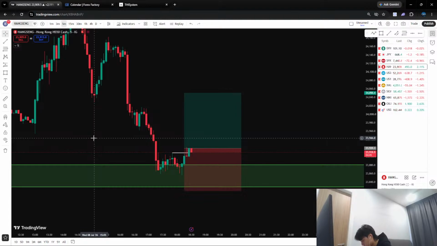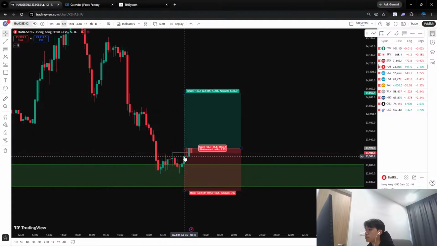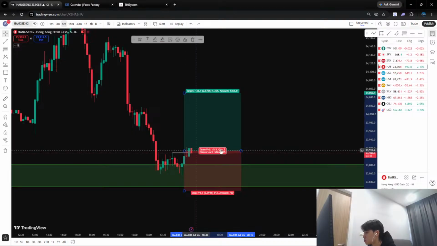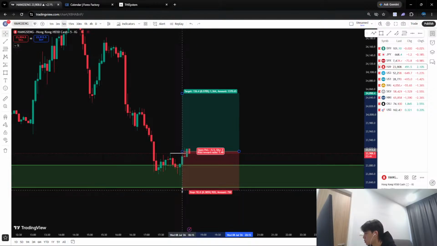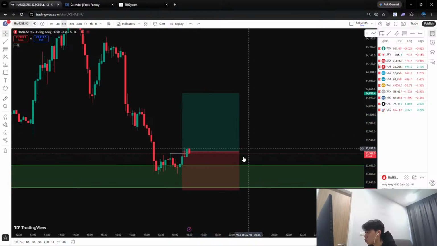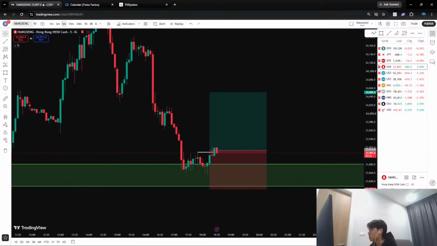Yep, so this is 100 pips. So if you want to enter Hang Seng, this will be it. You probably enter around here, so your SL is just below this, around 22. This is for Hang Seng.